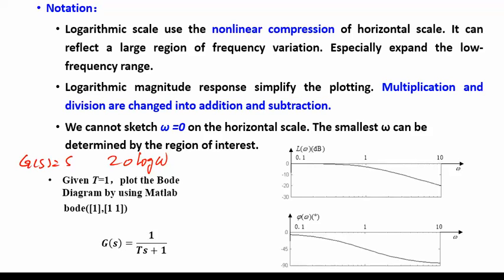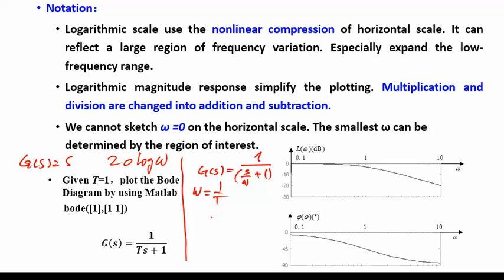So here, for example, for this transfer function, I will write it here. G of s can be written as 1 over (s over omega plus 1), where omega is 1 over T. You know that omega has the units of 1 over time.